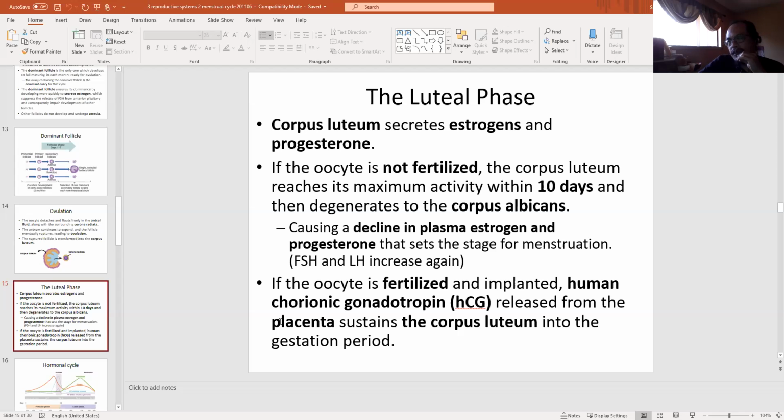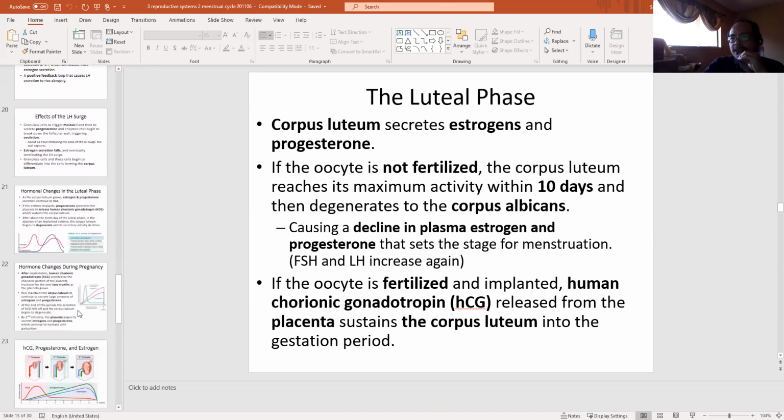This placenta will secrete a hormone called human chorionic gonadotropin, HCG. This gonadotropin is like LH and FSH. It will stimulate the corpus luteum to remain alive, and while it remains alive, it will continue to secrete estrogen and progesterone.